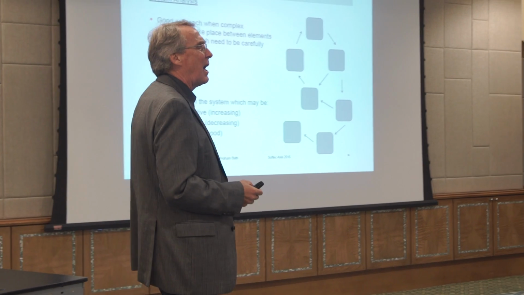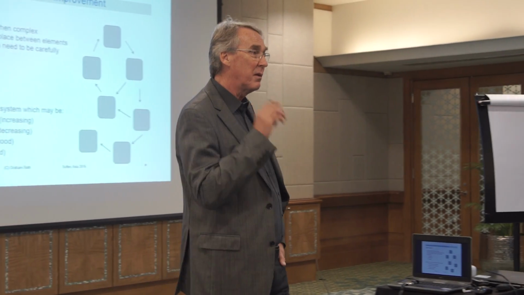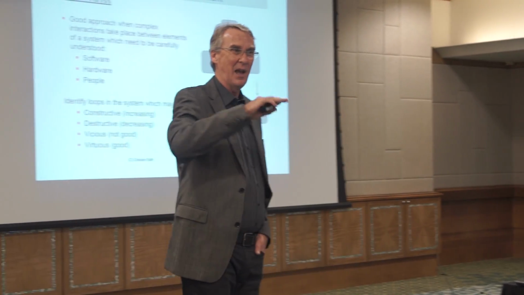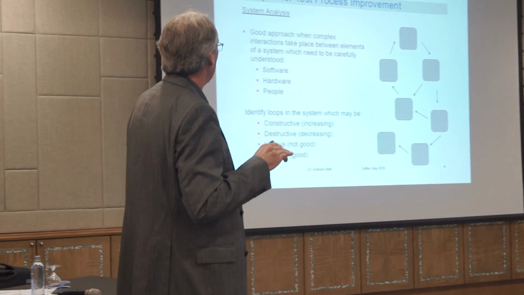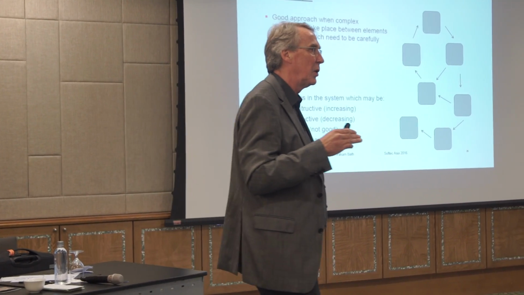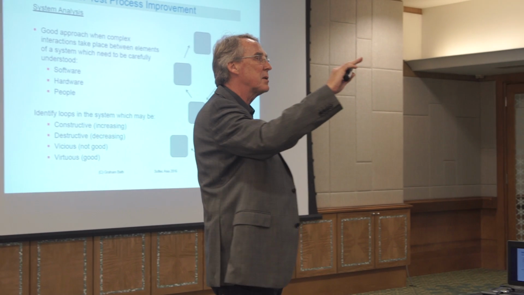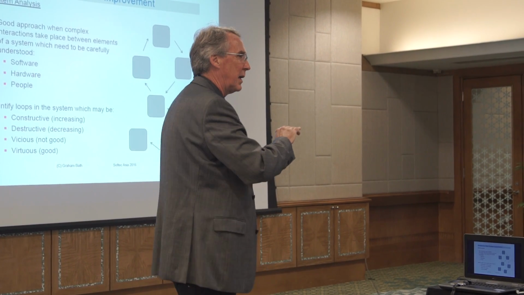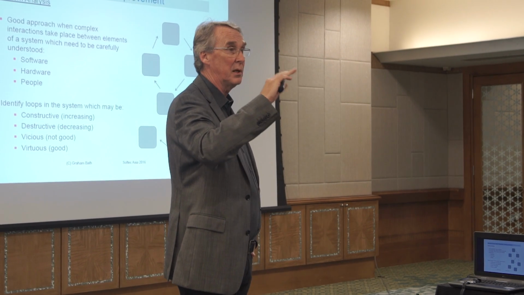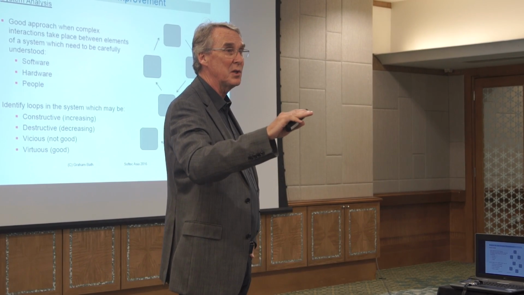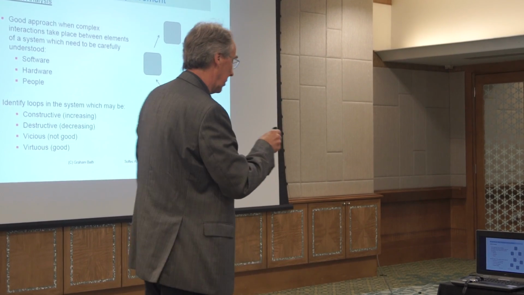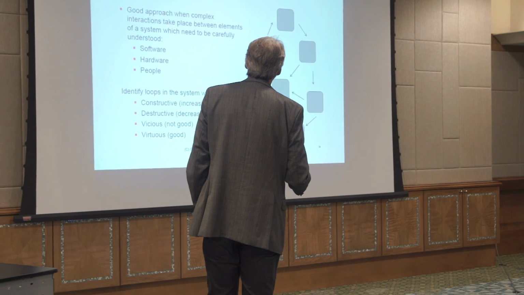Now, this is heavy. I'm sorry about this, but I've got to give you these overviews, otherwise I'm not giving you that information. Systems analysis is something that you can do if you have a complex system that's all interconnected. It's linked. Parts of those systems can be computers, applications, people, anything can be in these boxes.